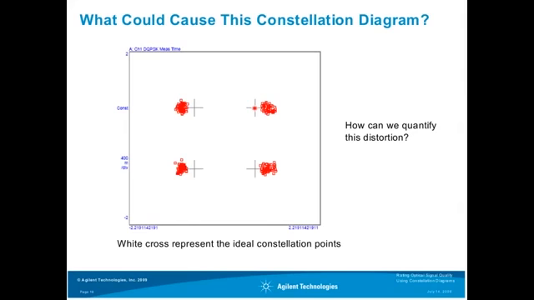Ideally, you have only one point at each constellation and not this kind of cloud. Of course, reality is not ideal, so we have some noise, and this cloud represents the noise of our system. So, how could we qualify this kind of distortion?